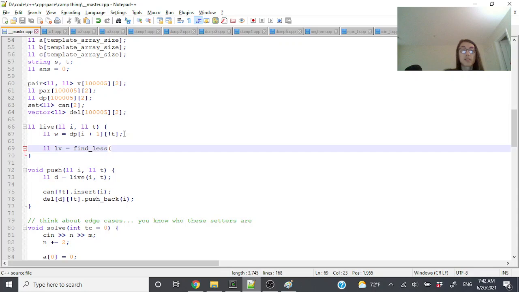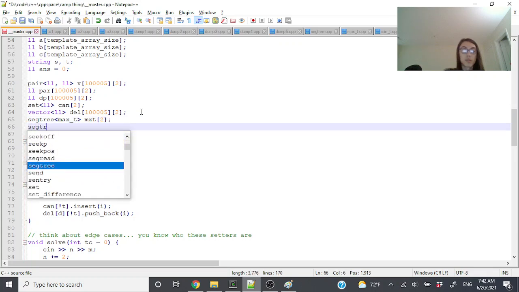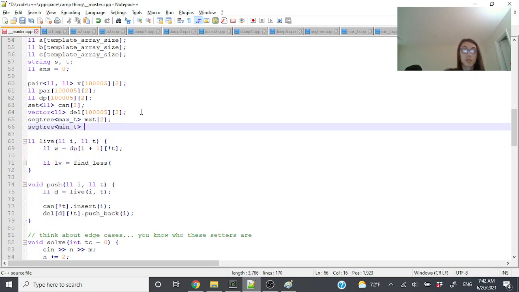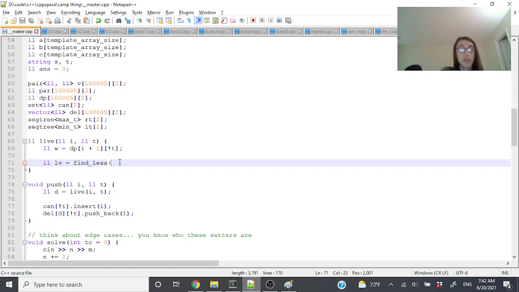Find less. So seg tree max t2. RT, LT. So RT t.find_less. This would be a[i].